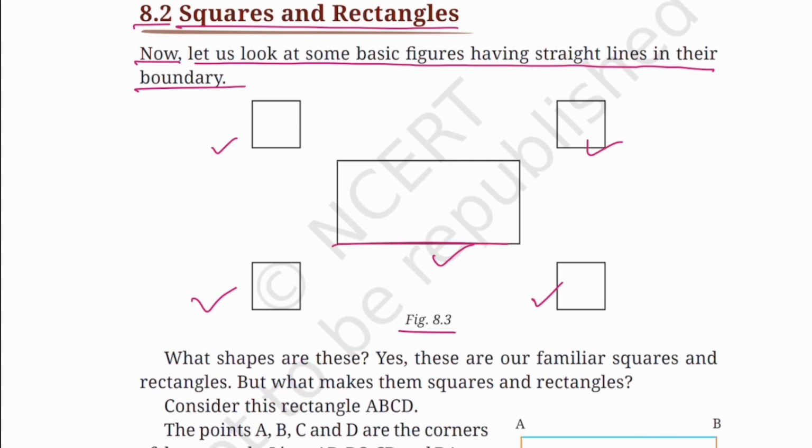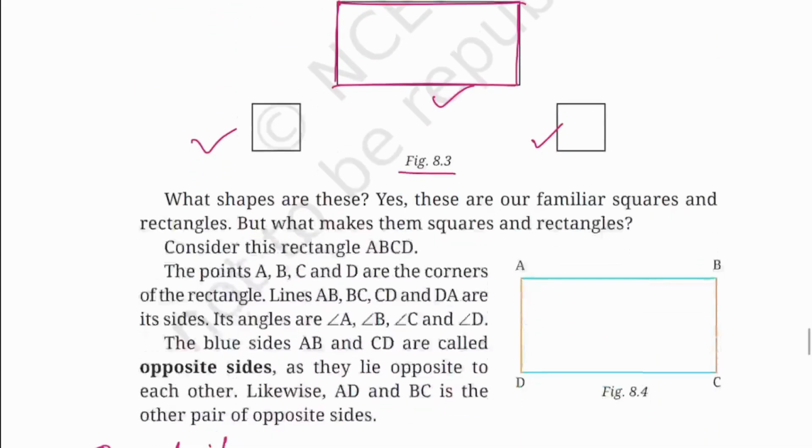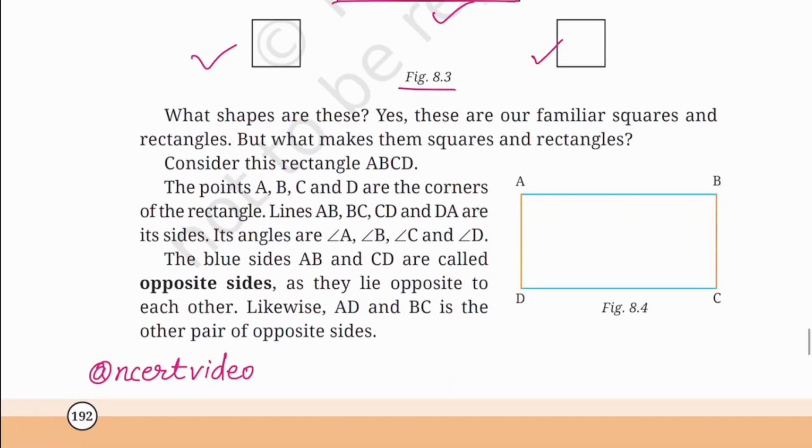You can see these shapes have straight lines as their outer boundary. What shapes are these? Yes, these are our familiar squares and rectangles. But what makes them squares and rectangles?